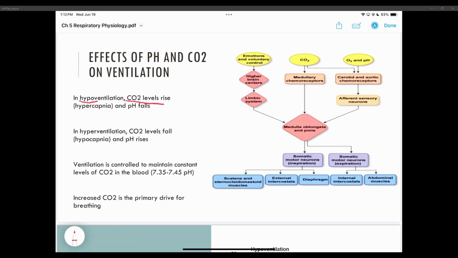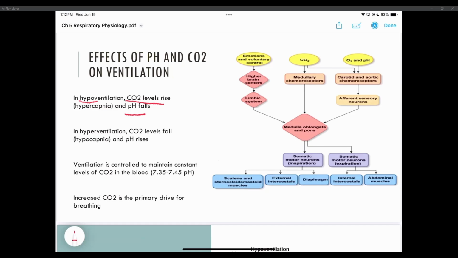If CO2 level goes up, is CO2 an acid or a base? Acid. So our pH levels start to fall. We become more acidic. So hypoventilation causes a respiratory acidosis. The respiration is causing the acidity by not breathing enough.